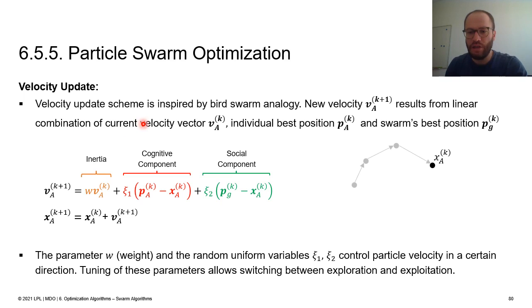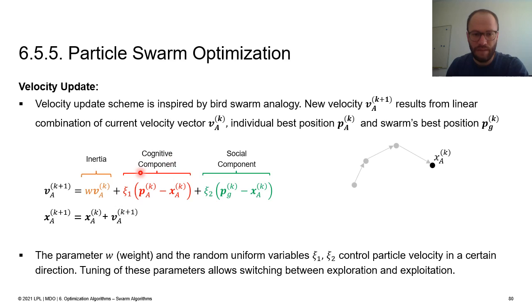And this is used to create the new velocity, which then is used for the next position. These terms can be described by the old velocity plus an additional weighting factor, which is some kind of inertia. We had that before for the conjugate gradient, for instance.